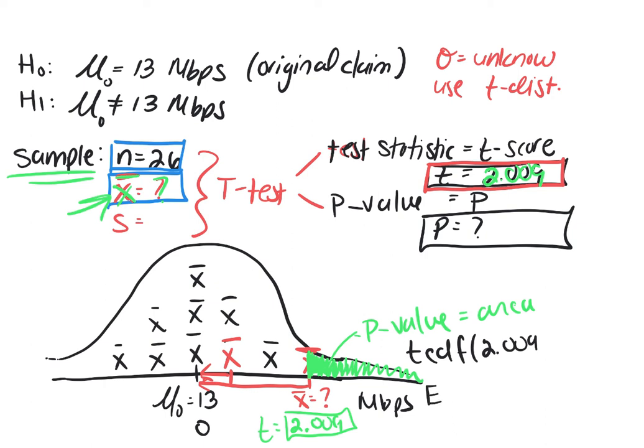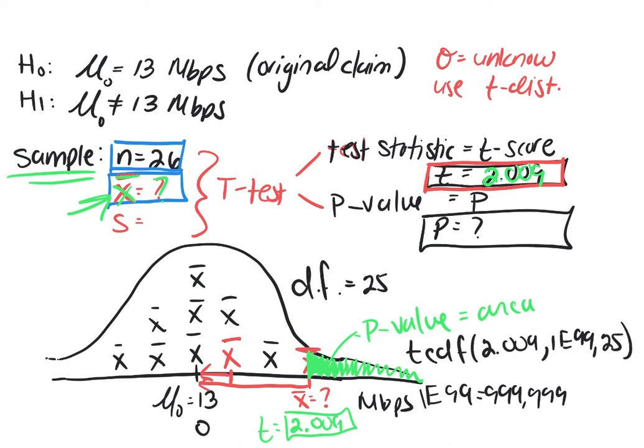You can put in 1E99, or 999,999. I'm going to just type in 1E99. The next thing your calculator is going to ask for is your degrees of freedom. For this particular problem, because n is 26, my degrees of freedom is 26 minus 1, which is 25.